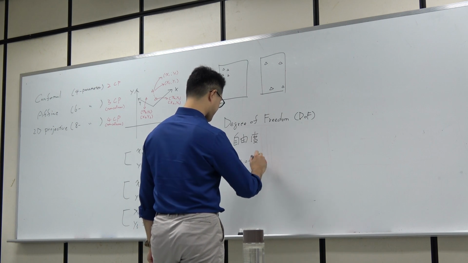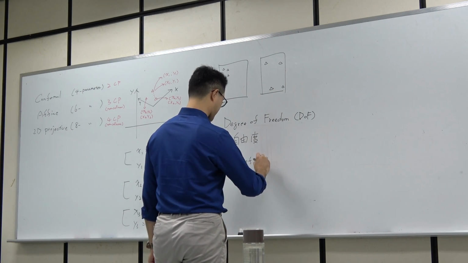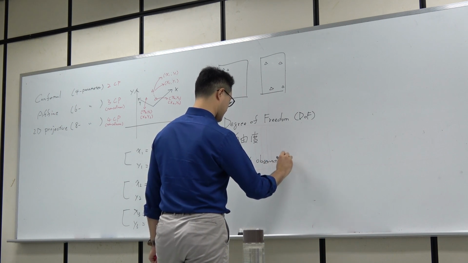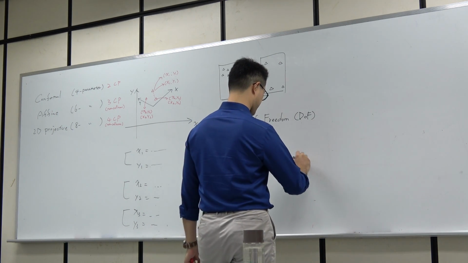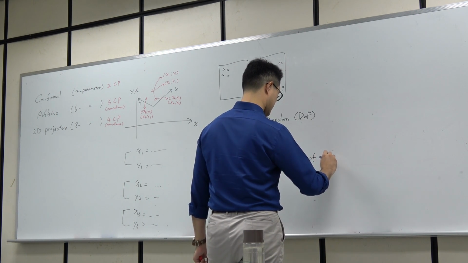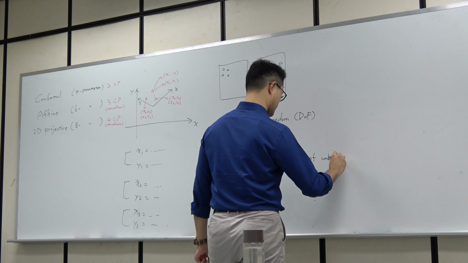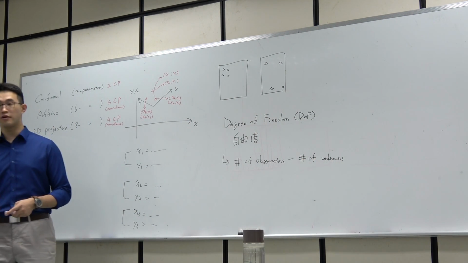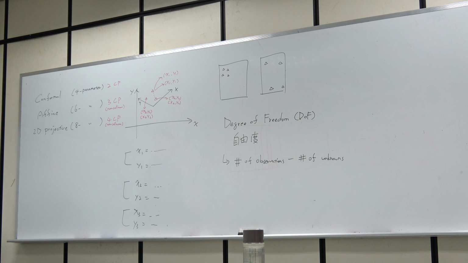Number of observations minus number of unknowns, right? So the degree of freedom is the number of observations minus the number of unknowns.